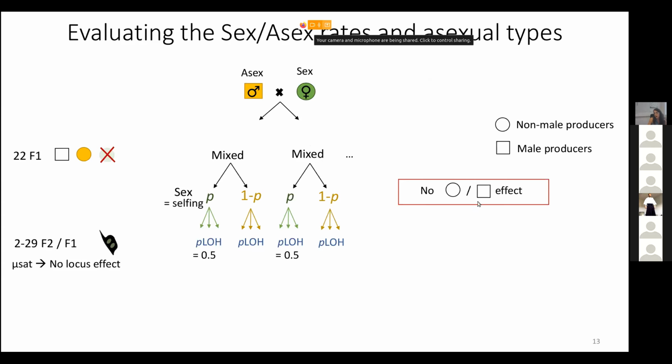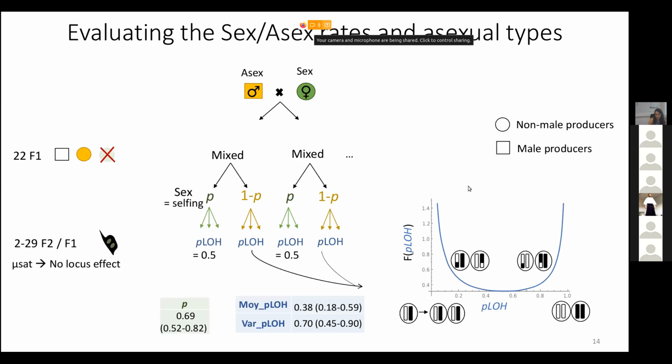And there was no male producer or non-male producer effect. The best model to explain our data is the one where all F1 hybrids do 69% of their progeny sexually, and the rest of them asexually.